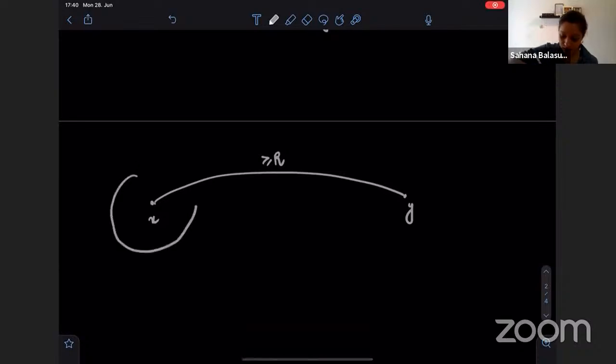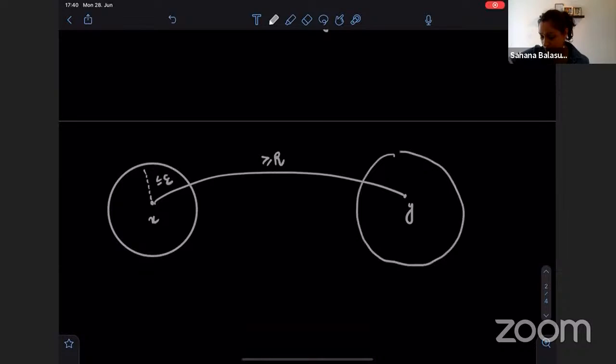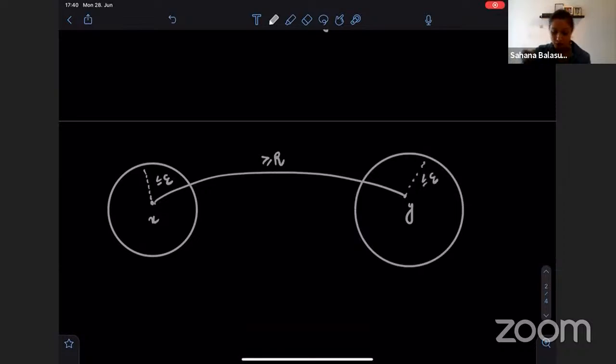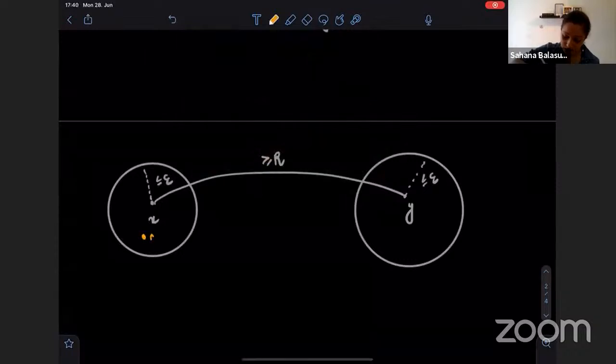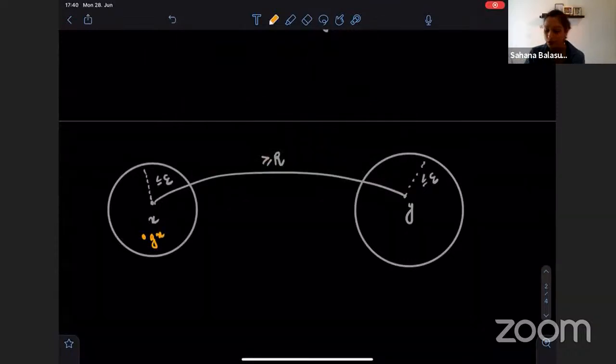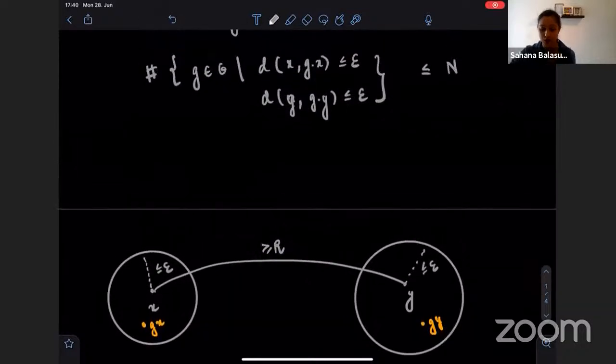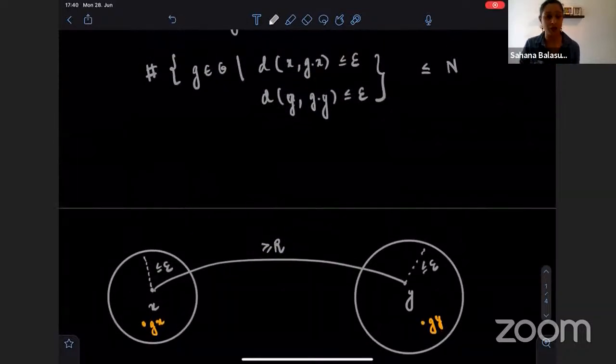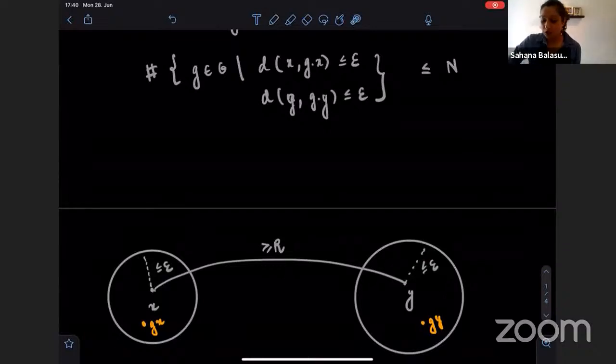Well, it defines an epsilon neighborhood of my point X, and similarly, an epsilon neighborhood of the point Y.